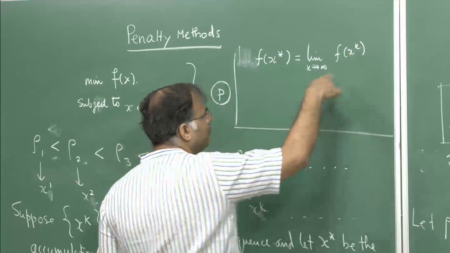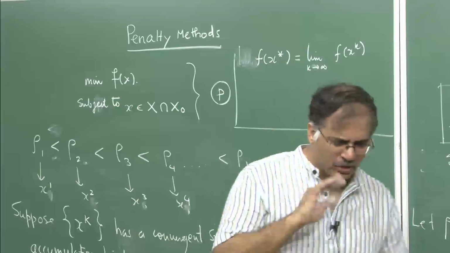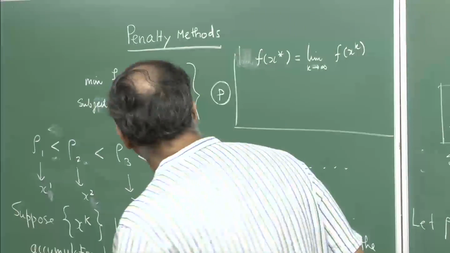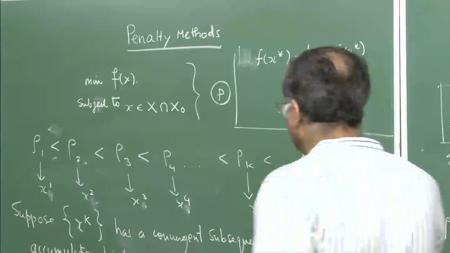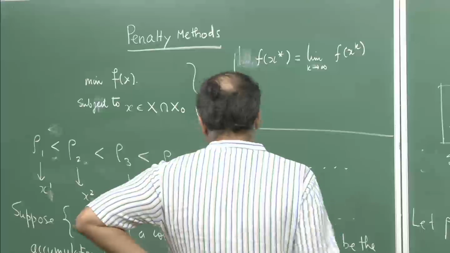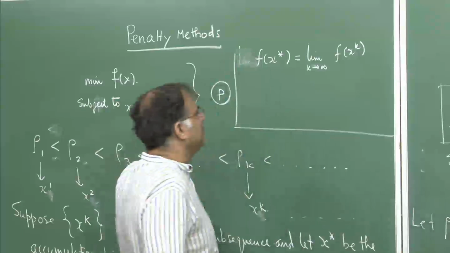Of course, k is only running over the subsequence. So, we are not bothering about relabeling the sequence and the subsequence. Without loss of generality, you can take x k to be going to x star, no problem. Those are just extra writings, nothing else.